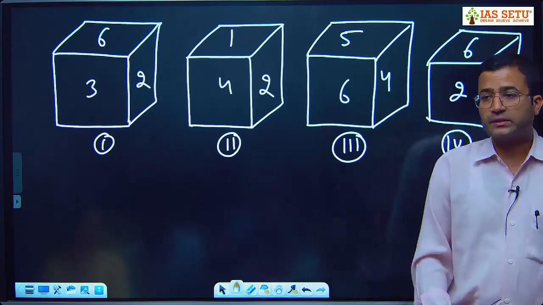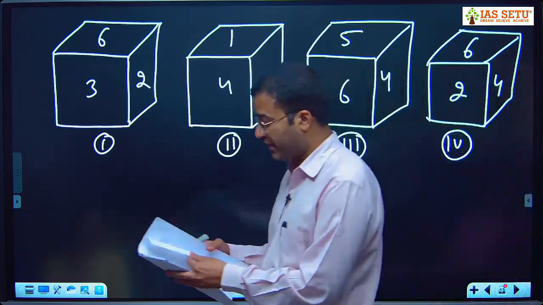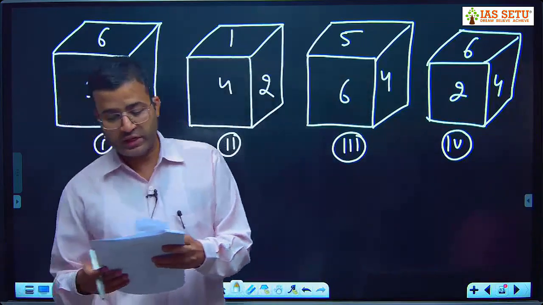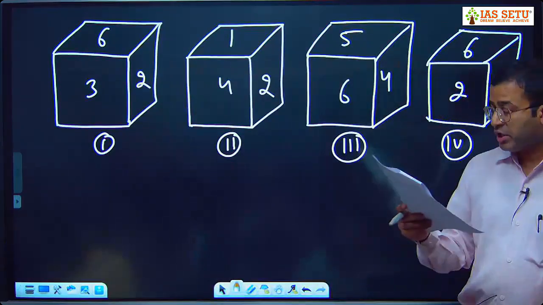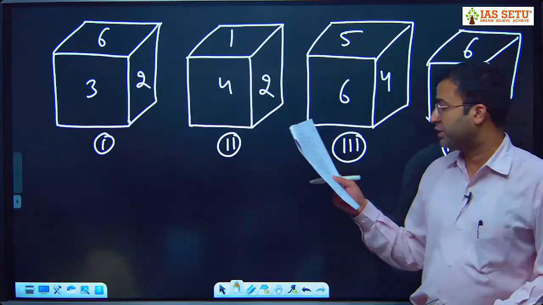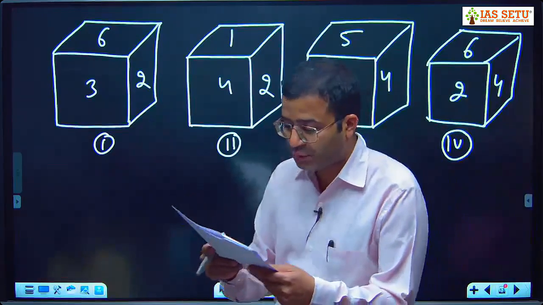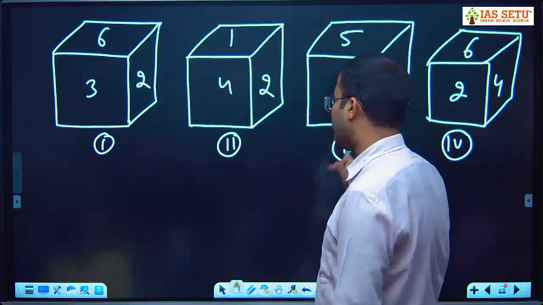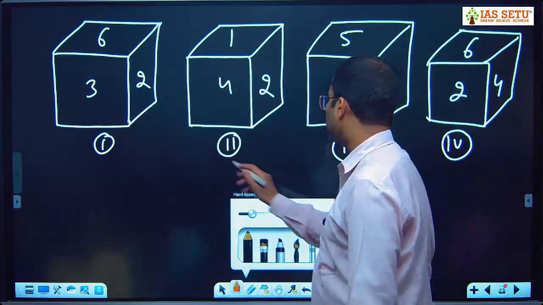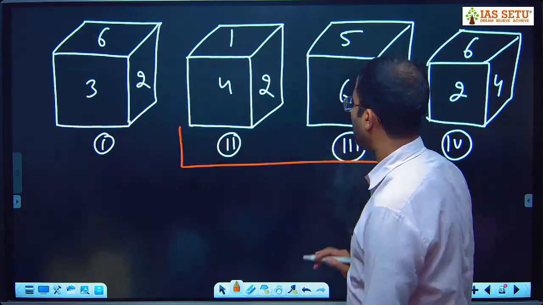What is your answer? Answer options given here: 1 and 3 only, 1 and 2 only, 2 and 3 only, 1, 2, 3. So I take the first statement. Figures 2 and 3 are sufficient to know which face is opposite to face number 6. Here we have to use 2 and 3. You can't take help of 1 and 4.